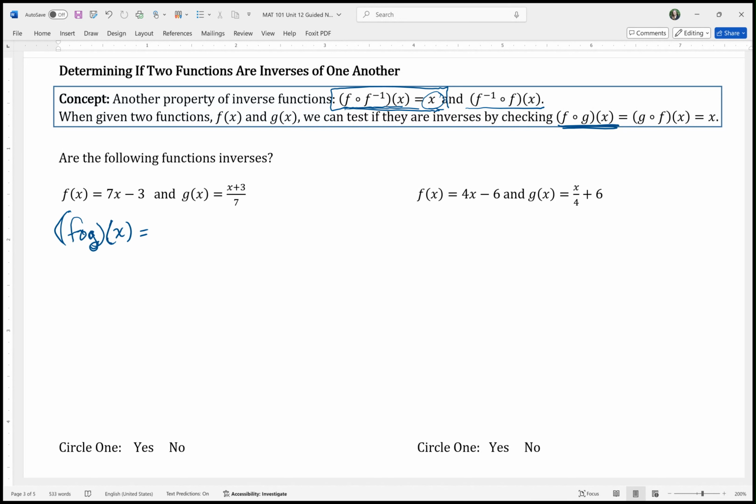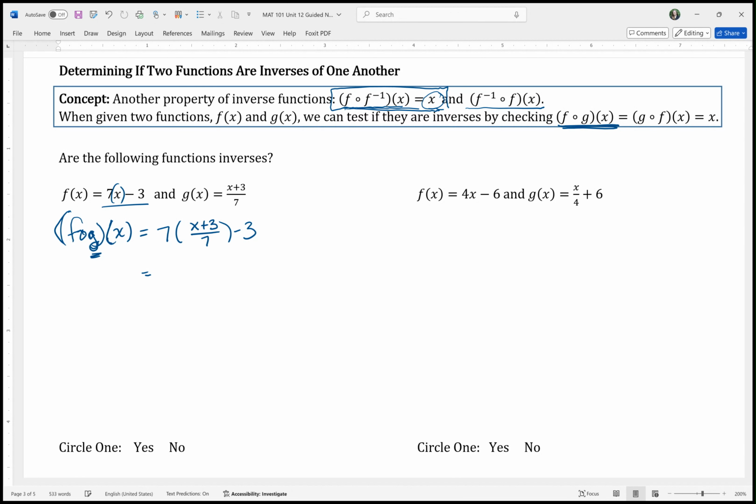We start with the function f, that's 7x minus 3. And everywhere there is an x, you're putting parentheses. So 7 parentheses minus 3. And then the second function listed is going to be what's inside that parentheses. So g of x is (x plus 3) over 7. That's going on the inside.